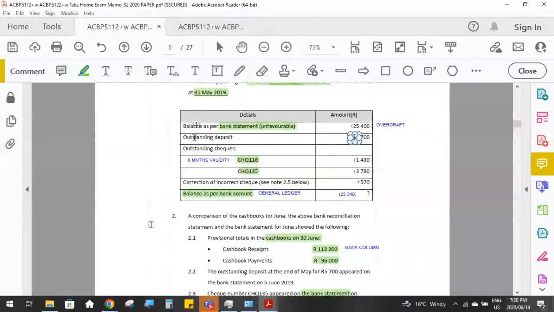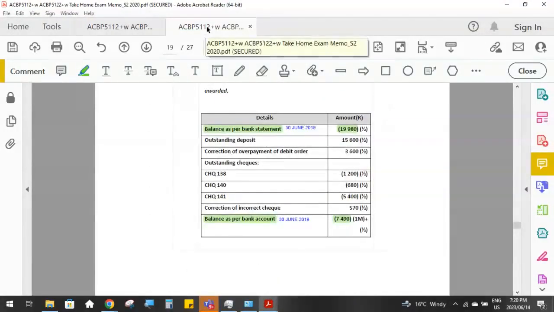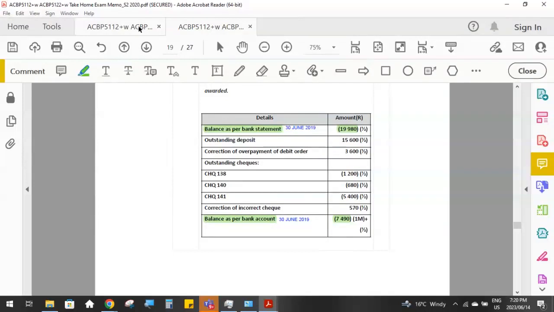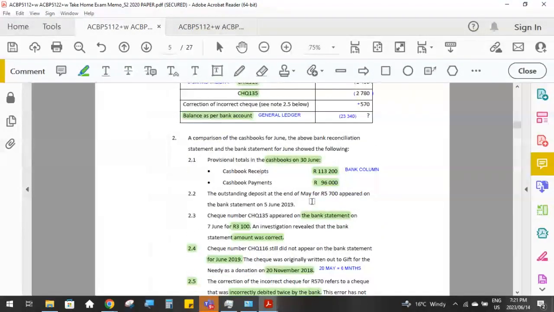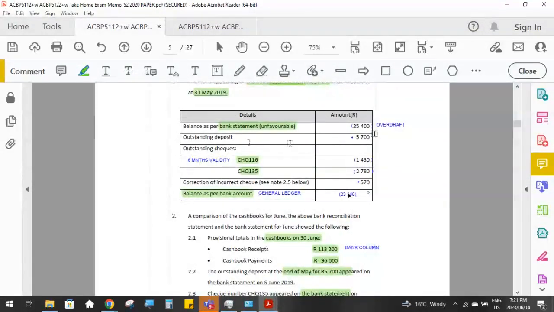So the outstanding deposit of 5,700 that was outstanding on last month's bank statement was received. I'm just trying to find here, 5,700. It did appear on the bank statement, so we know that we can drop that. We don't have to worry about that anymore. This check here, we know that it's stale and we've reversed it.